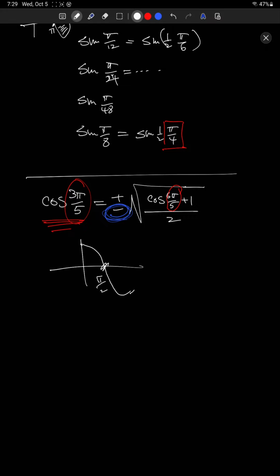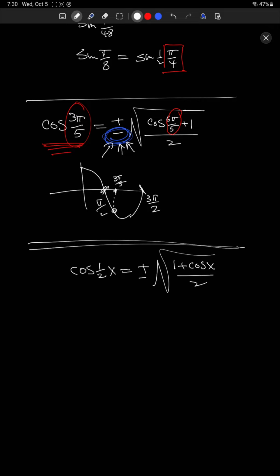Another comment I want to make is, let me write down my formulas again, just because I've scrolled them away. Cosine half x, the half angle formula for cosine, is the square root of, and our book, and I think a lot of books, write it like this, cosine of x over 2. Maybe this way is actually better than the way I've presented it.